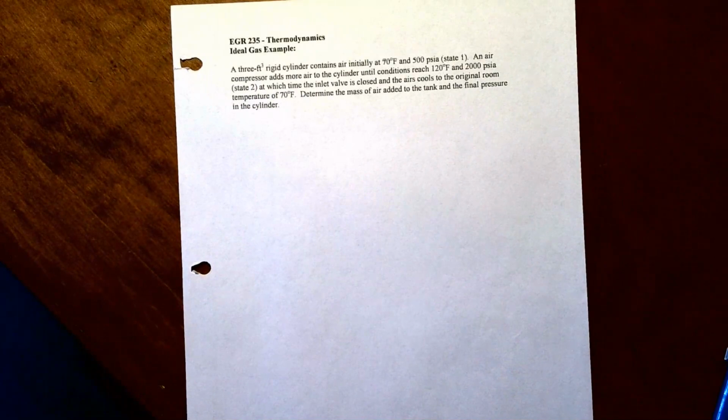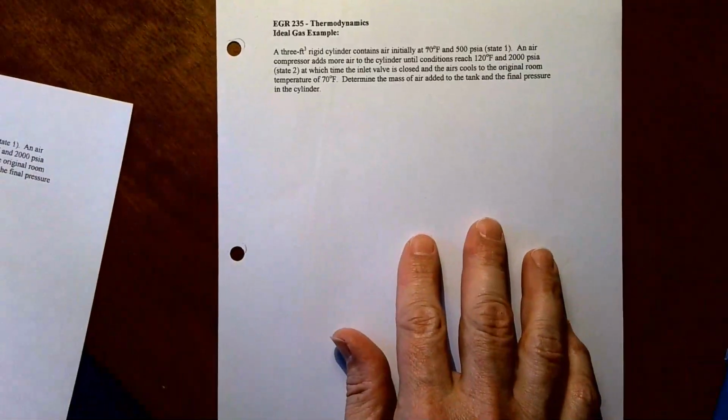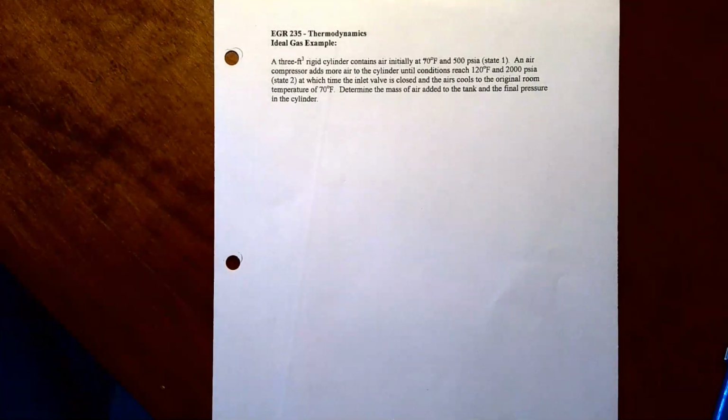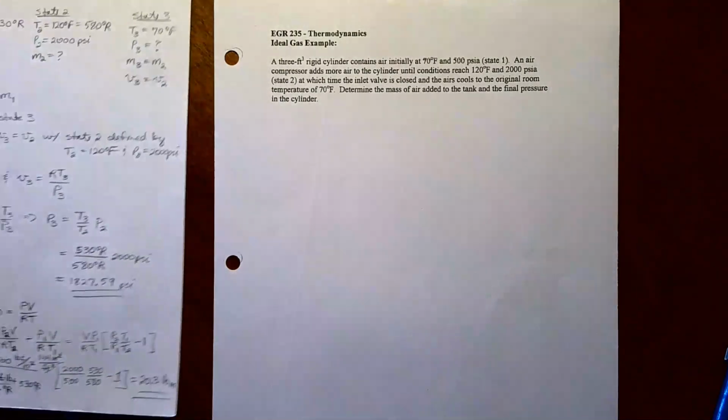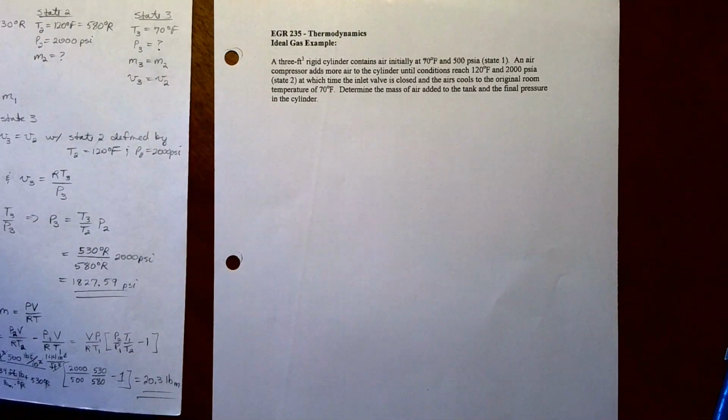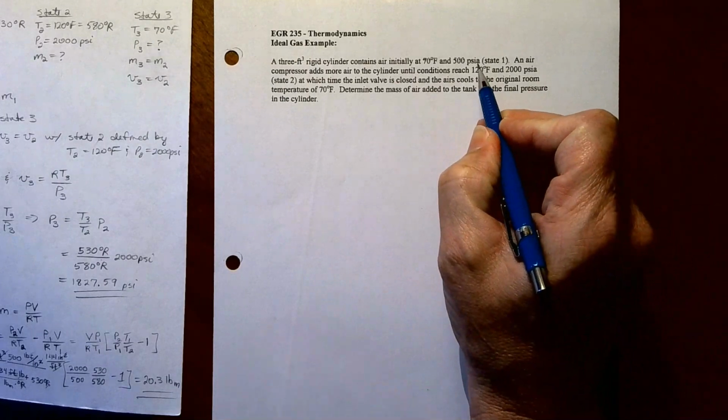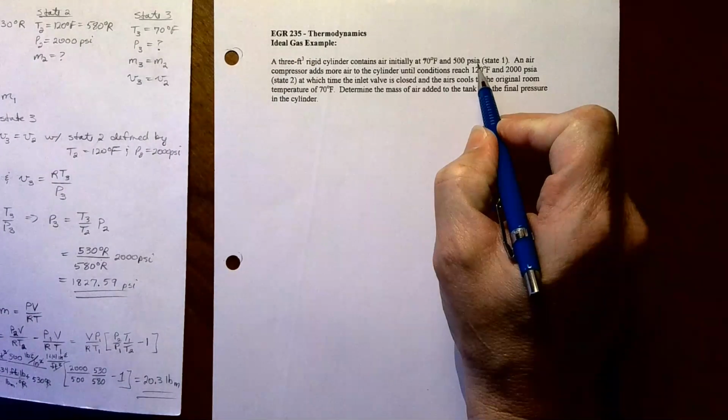The example I'm going to work, actually I'm going to change pages here. Let's work this example first. Okay, so a 3 cubic foot rigid cylinder contains air initially at 70 degrees Fahrenheit, 500 psi absolute. So this little extra A there, psia, means that's absolute pressure.